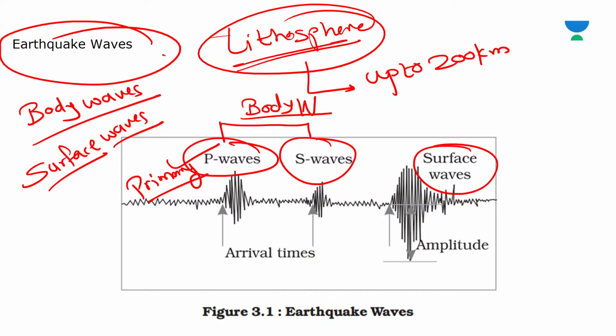The P waves are similar to sound waves. They travel through gaseous, liquid, and solid materials. Then S waves arrive at the surface with some time lag. So these are called secondary waves.